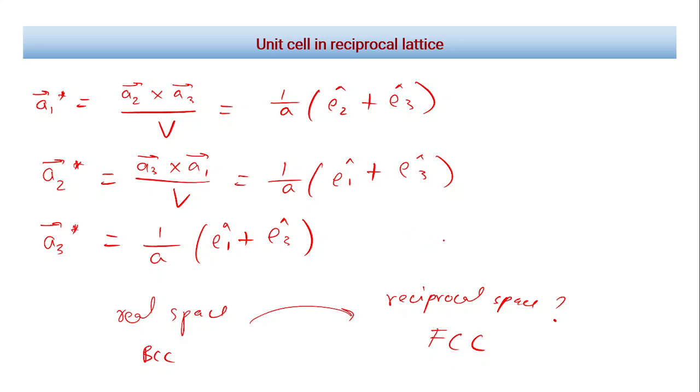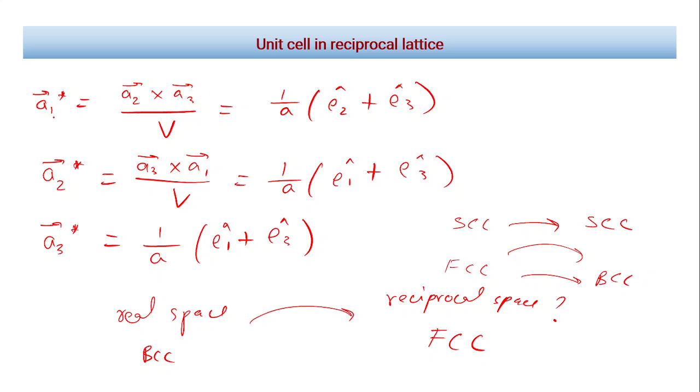This is very interesting that SCC doesn't change, it remains SCC in reciprocal space, but BCC in real space results in FCC in reciprocal space, and FCC in real space changes to BCC in reciprocal space.